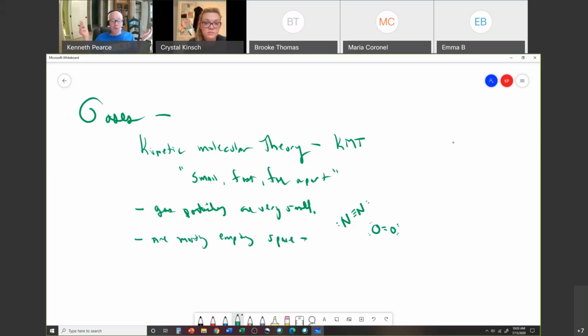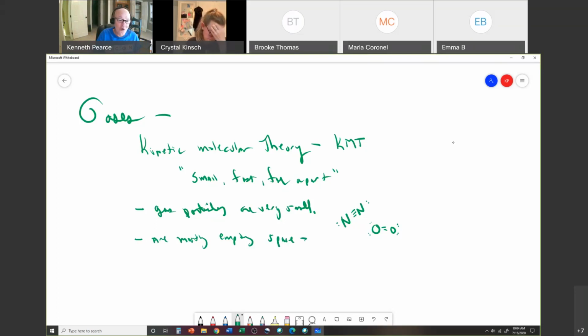So the very air you're breathing is mostly empty. There's some molecules here and there floating around, but there's not really a whole lot of stuff as far as the atmosphere goes that you're breathing. So it's mostly empty space.